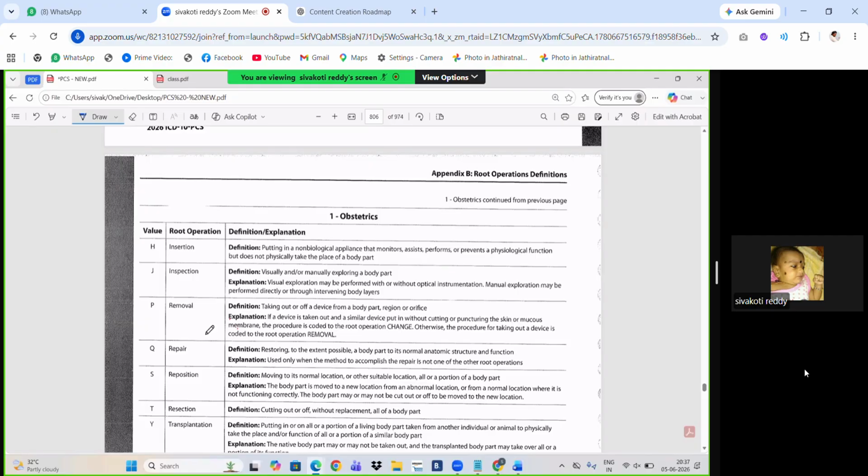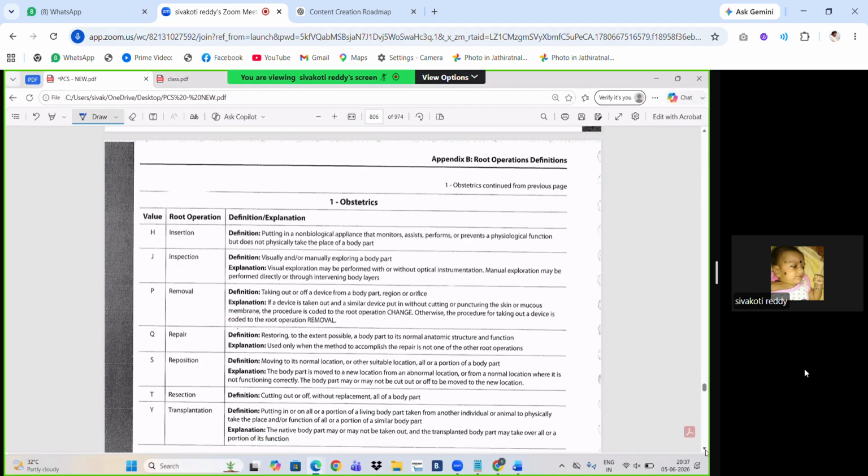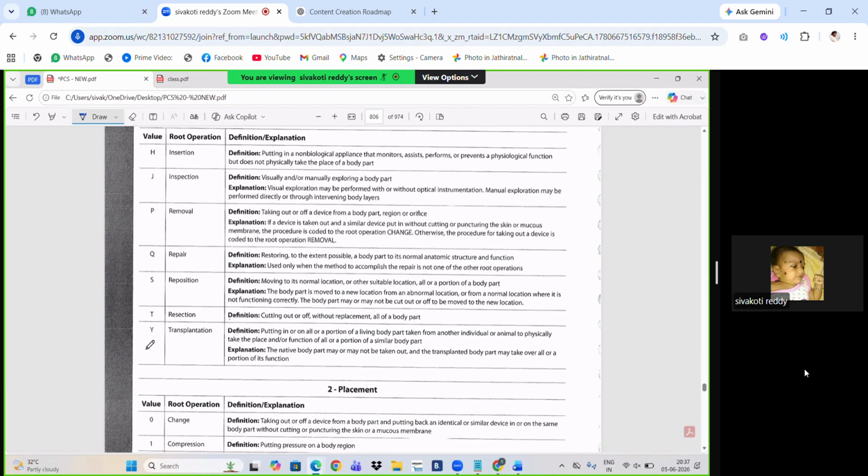First, note down everyone, transplantation root operation. Value should be Y. Put transplantation in bracket Y. Transplantation means simple.